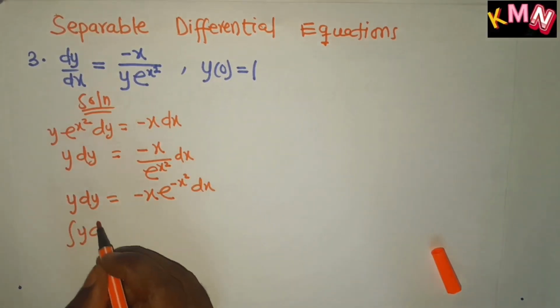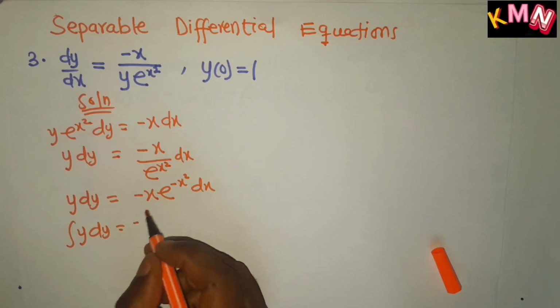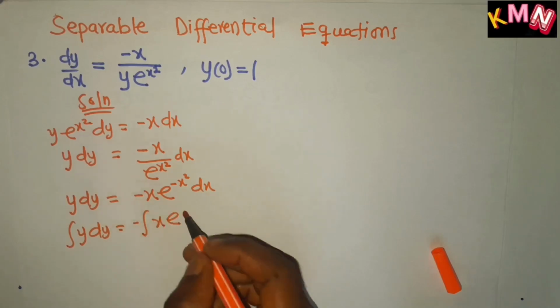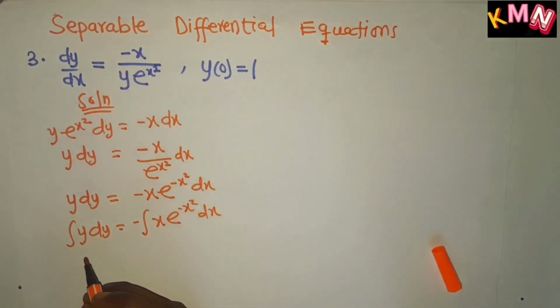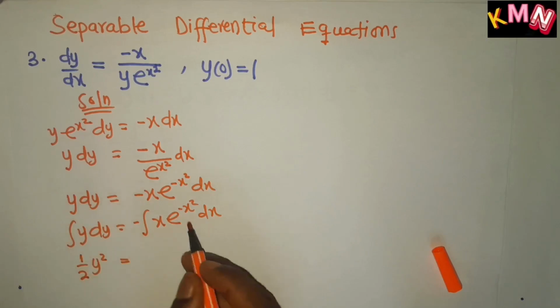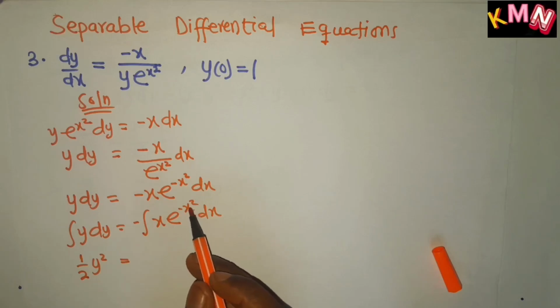Integral of y dy is equal to negative integral of x e power negative x squared dx. Over here we know clearly that we are getting half y squared, and over here we can use the u substitution method. If you make the negative x squared become u, then the x will come and cancel this x.